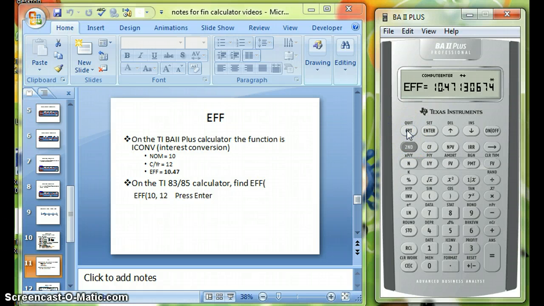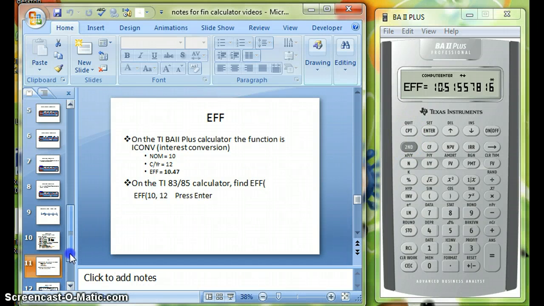So the effective annual interest rate is 10.47% when the nominal or quoted interest rate is 10%, but you do monthly compounding. What if we want to do daily compounding? 365 times a year, enter, go back to EFF, compute, 10.52%. Okay.